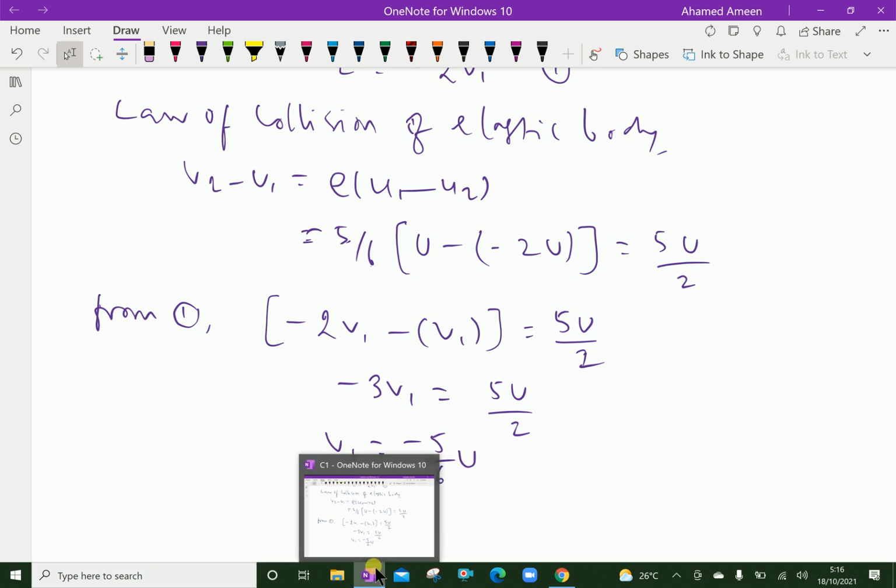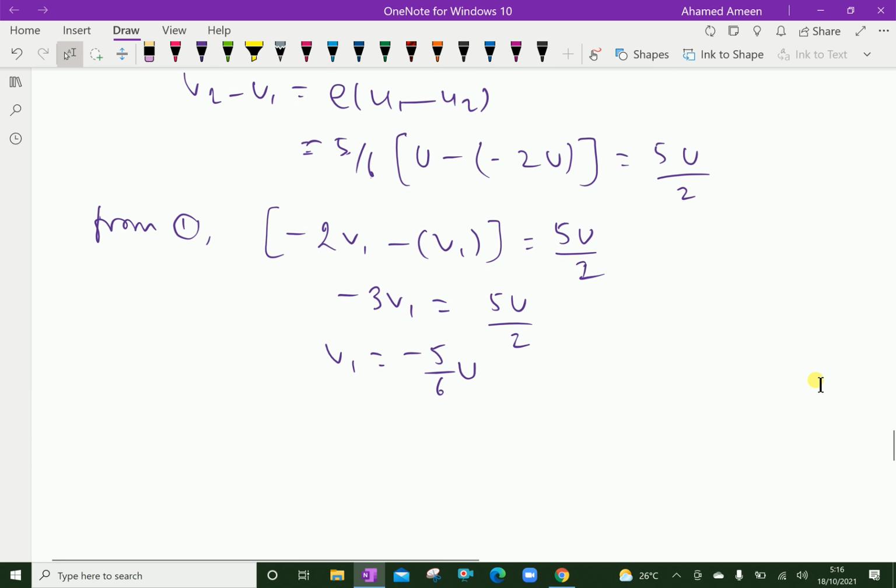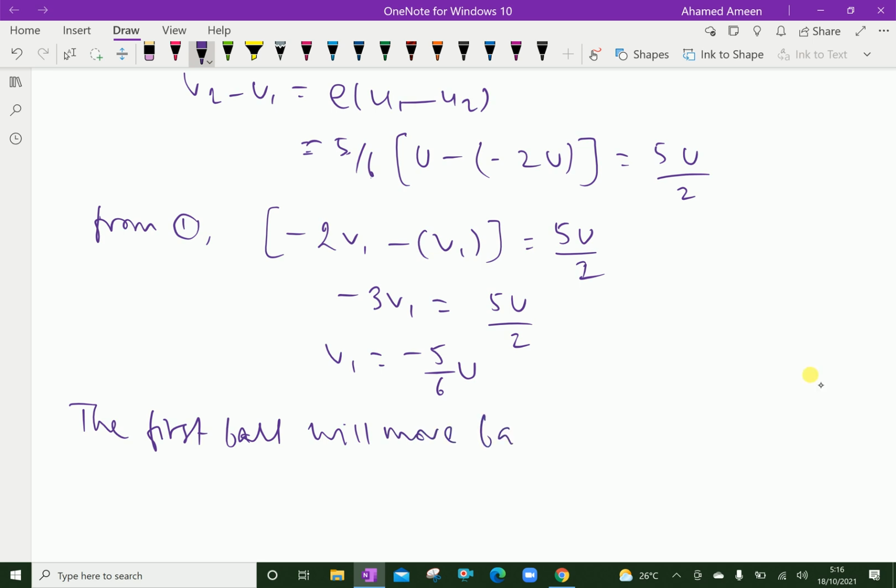Therefore, we can say the first ball will move back with 5 over 6 of its original velocity, because the minus sign means it moves back.